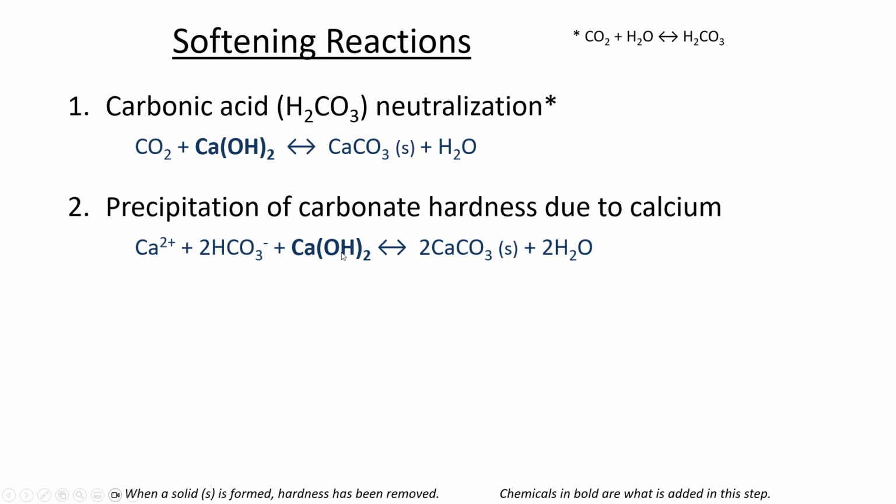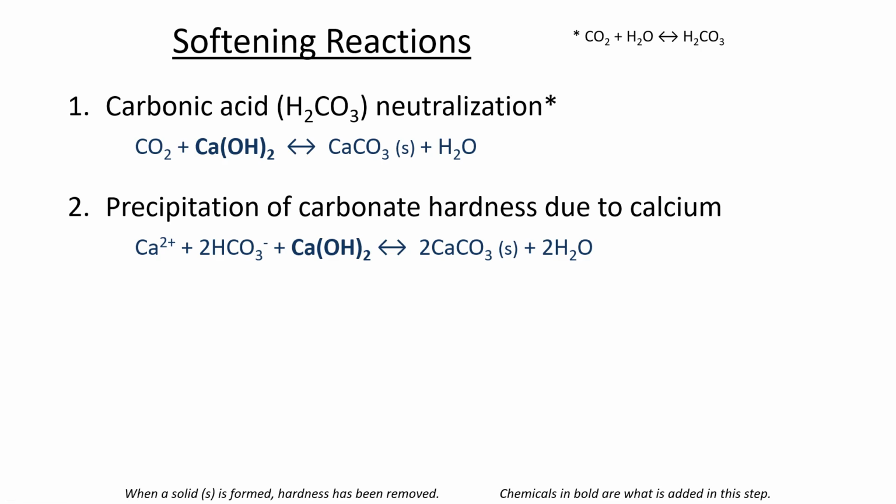For every 1 mole of calcium hydroxide that we've added, we can get out 2 moles of calcium carbonate. So the original calcium that we added is going to be swept out, and it's also going to take one of the calciums that was contributing to hardness along with it. So that's a good thing. And then the solid precipitate, we can just get it to settle in the clarifier that's downstream.